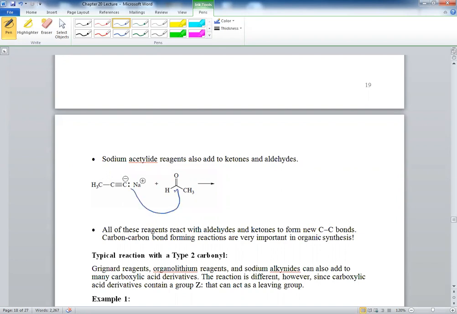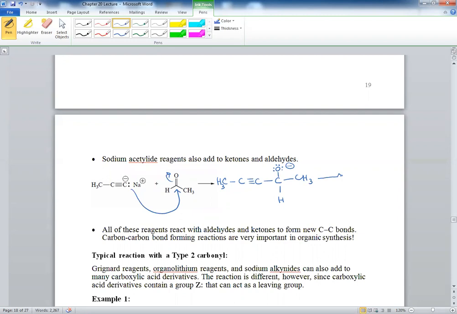So you can attack here. I just drew it a little bit differently here. So we just added our group here.